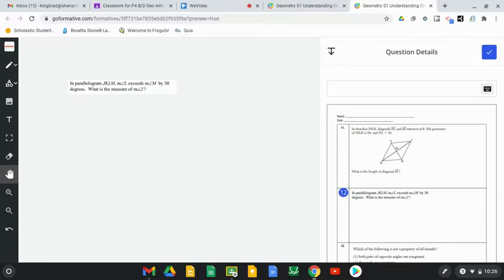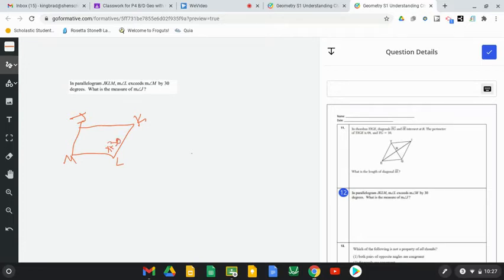So I have a parallelogram JKLM. Well, better draw a picture of that. Doesn't have to be a perfect parallelogram. L exceeds M by 30. That means angle L is going to be bigger. This is going to be X plus 30.